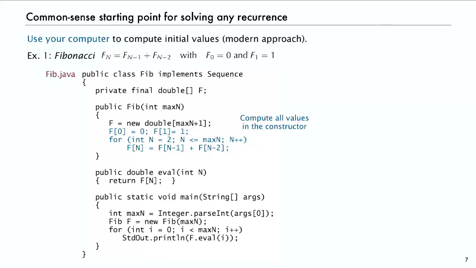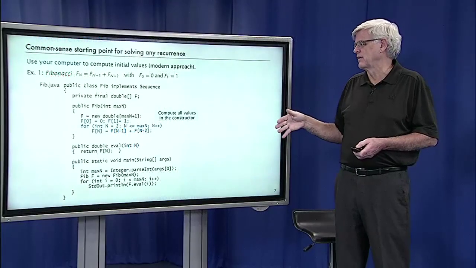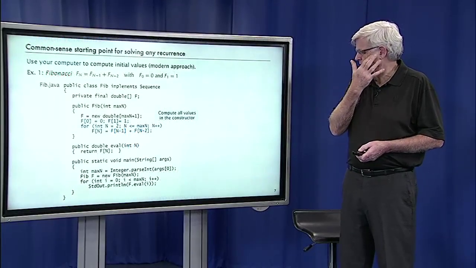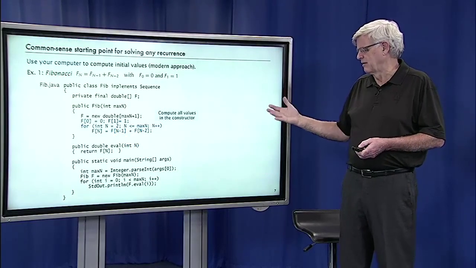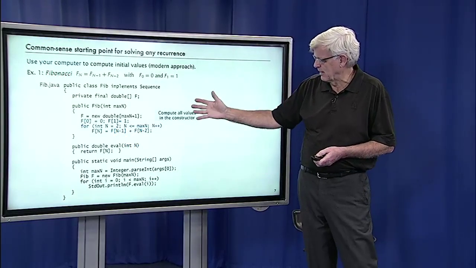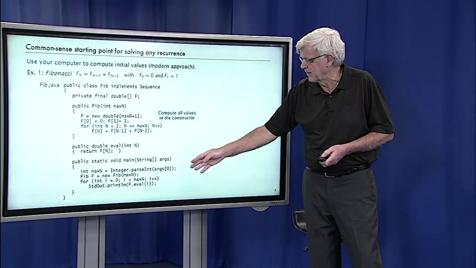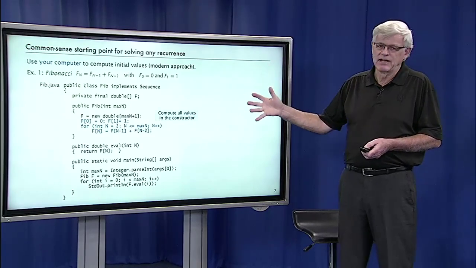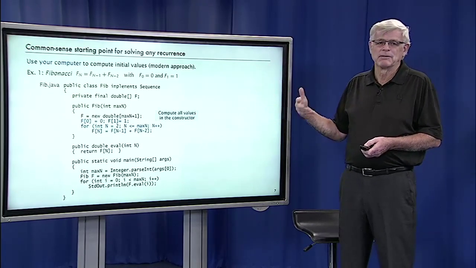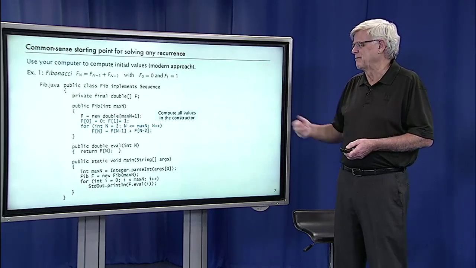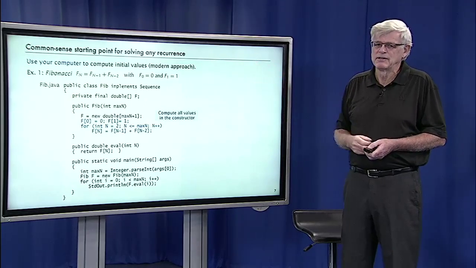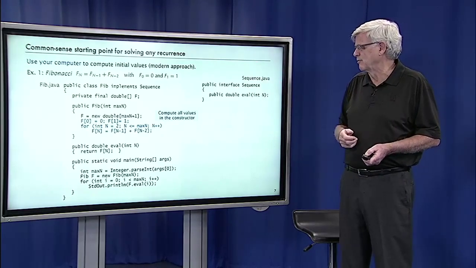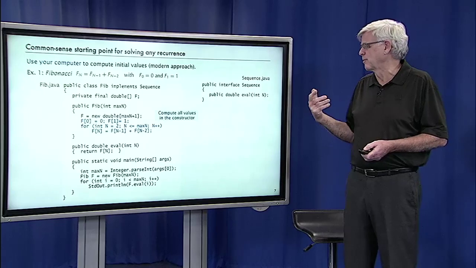But this is a modern approach where we use a data type, and the client program will go ahead and build this array with a constructor and then ask for values out of the array. Again, this is not the place to talk about details of programming with data types, but this is a very straightforward way to approach this problem.